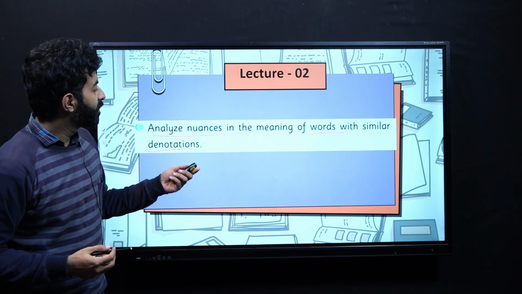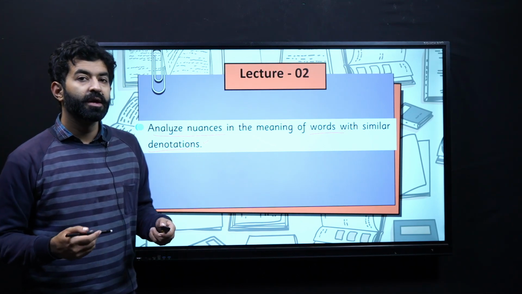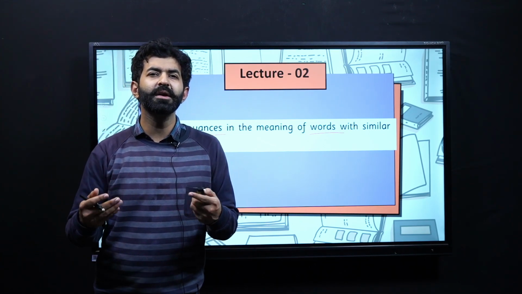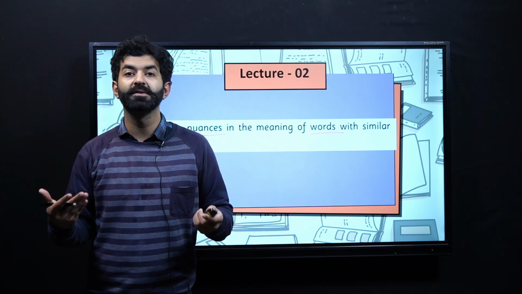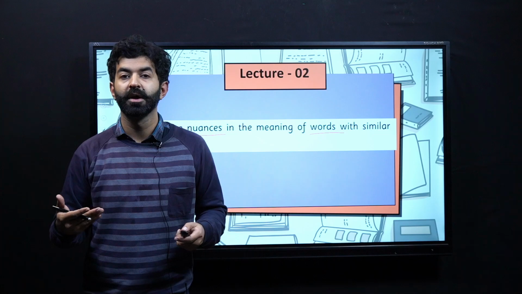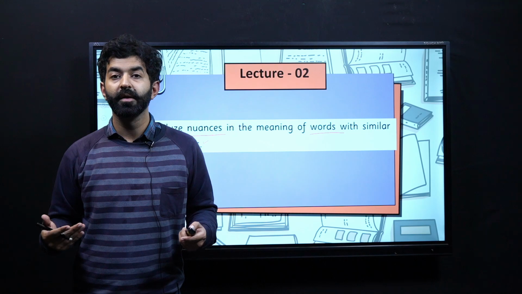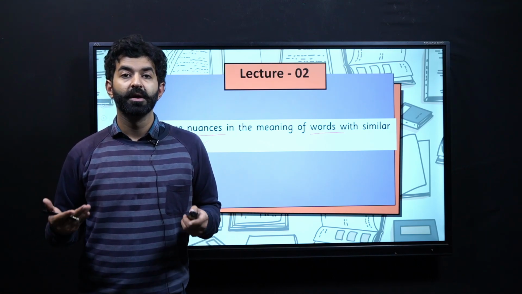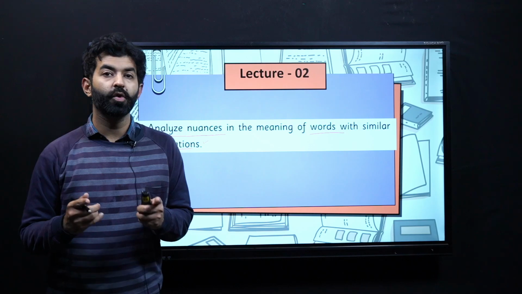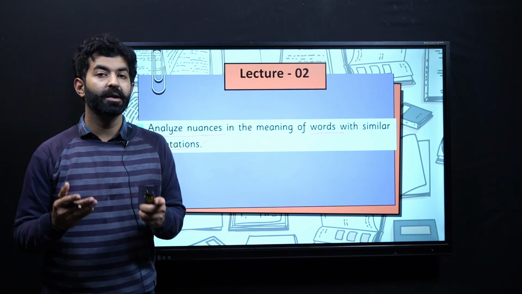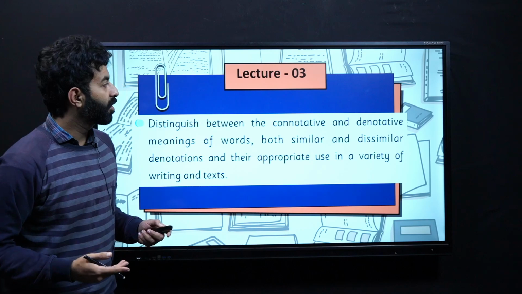So again, we will analyze the nuances that when words are having similar denotations, still there are nuances. So there are aspects that we need to understand. This way we can use our vocabulary well, we can enrich our vocabulary. So this learning outcome, this SLO is very much important if you want to build up your vocabulary, and we will learn a lot about it.